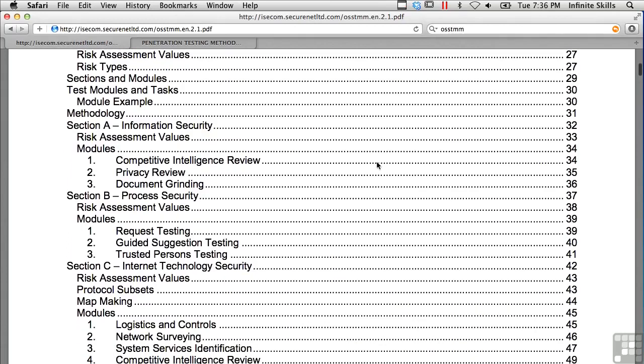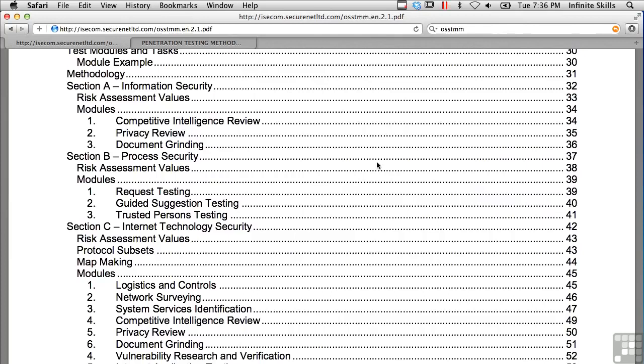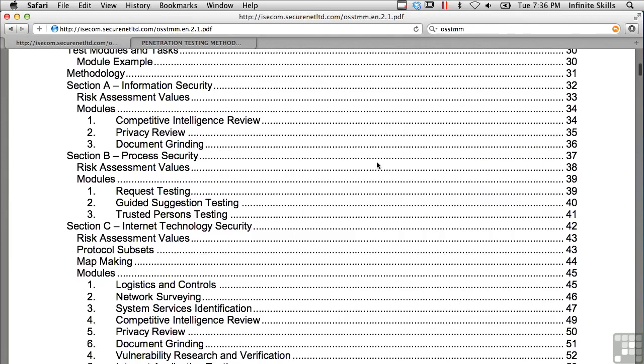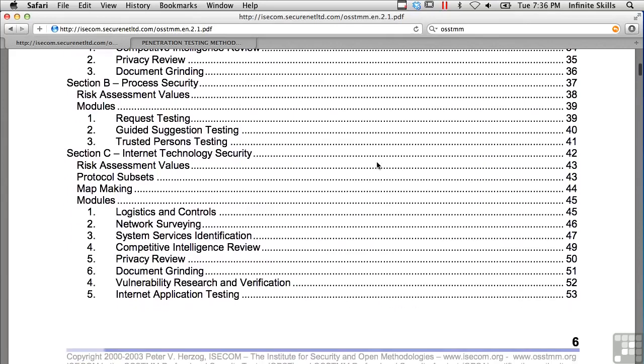Section B is about process security. It talks about risk assessment values, and they talk about request testing and guided suggestion testing and trusted persons testing, and those are 3 different types of testing that they have guidance around.